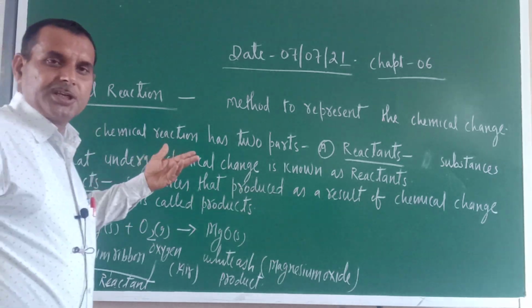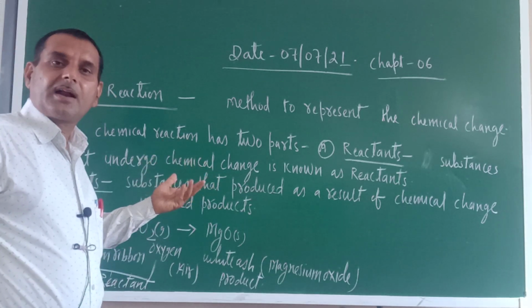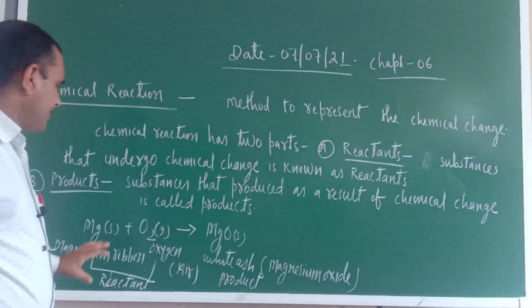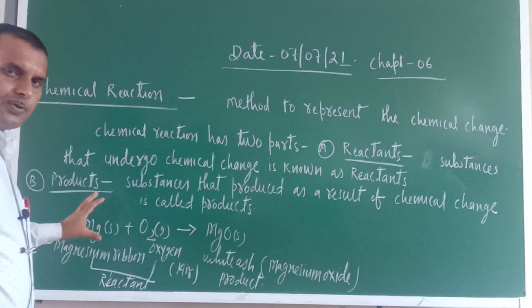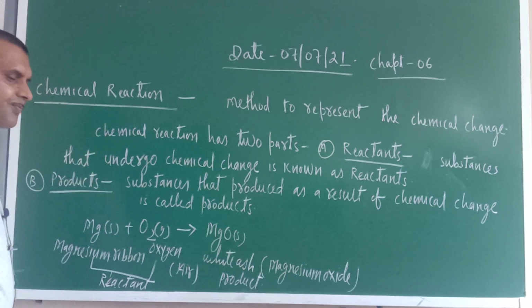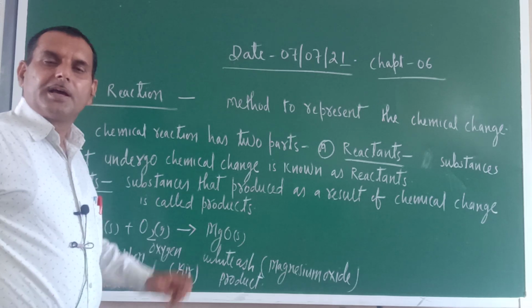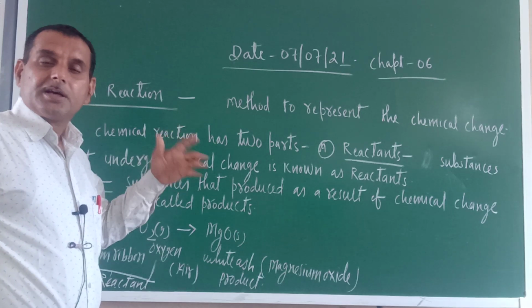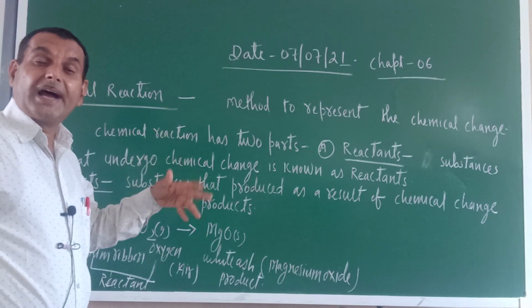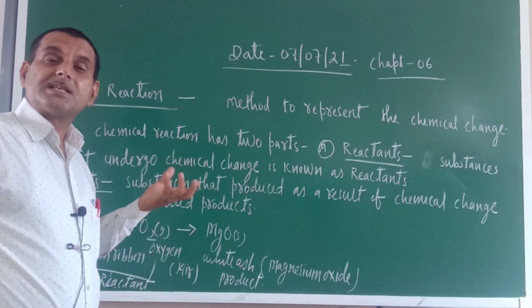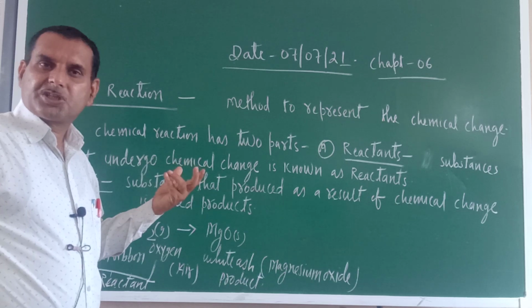After the chemical change, whatever substances are formed are called products. For better understanding, I will give you one example. Just see, magnesium ribbon, if it is burned in air, burns with a white dazzling flame, and after burning it produces white ash.